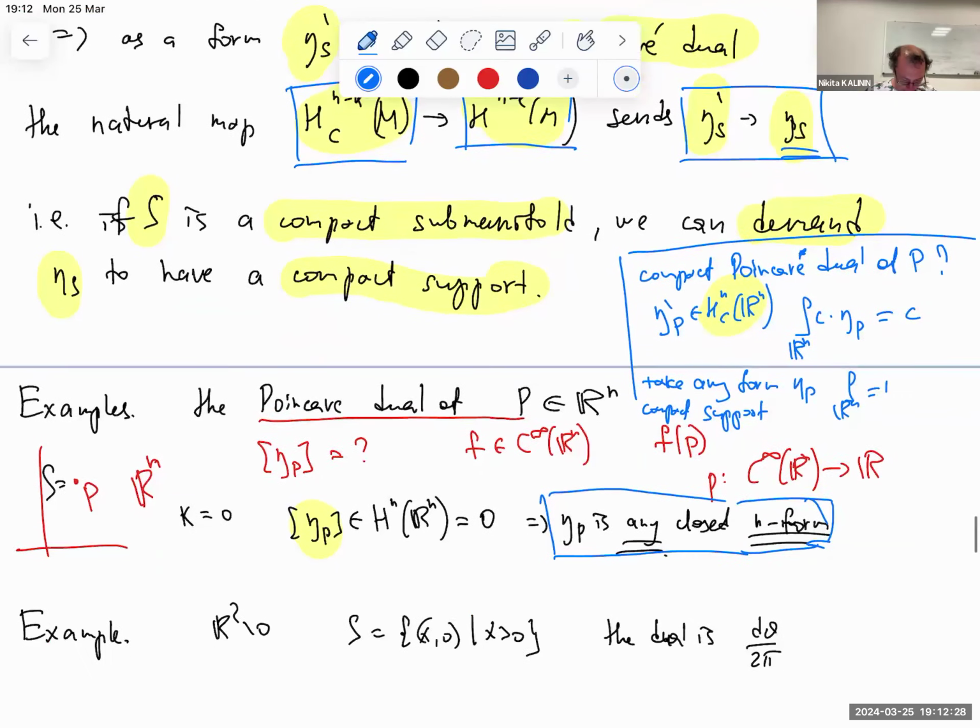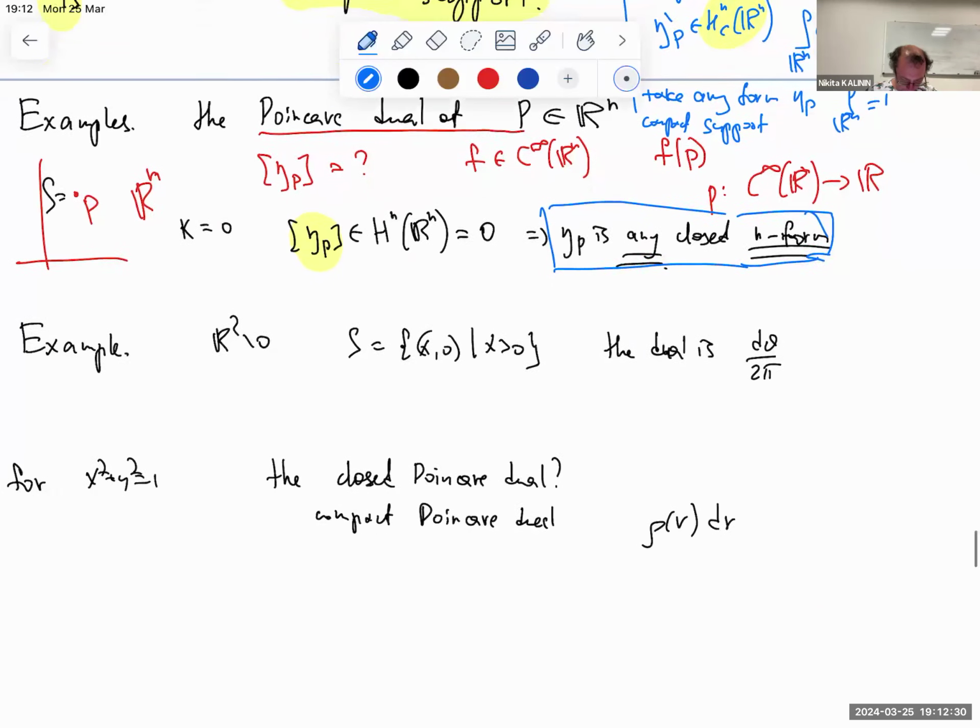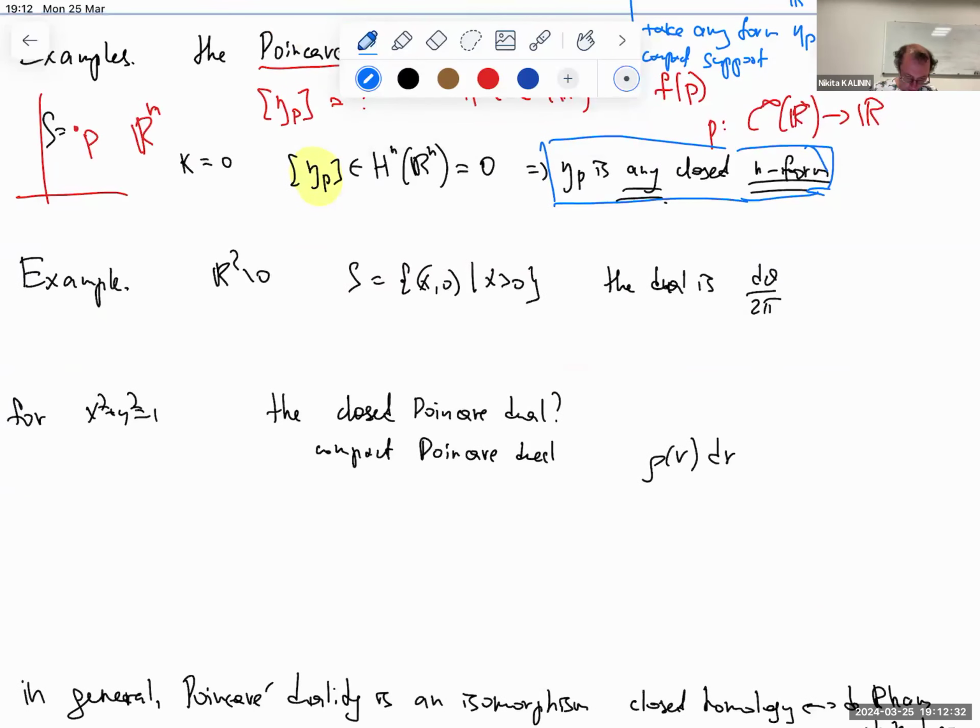So that was one example. So another example. Now let's do it in R2 without 0. So now I have a submanifold, just the ray.